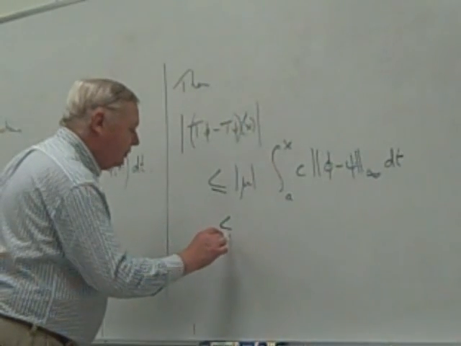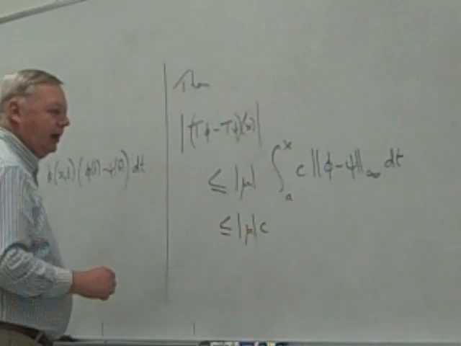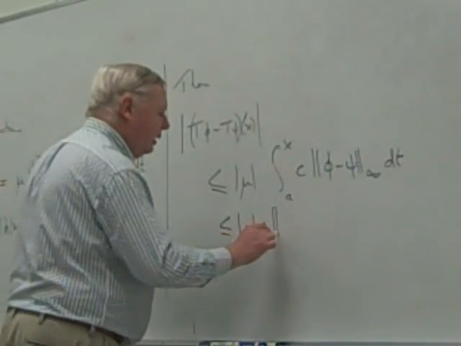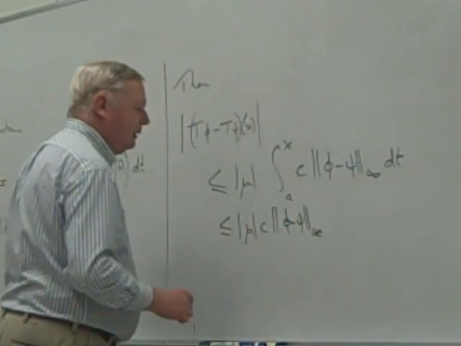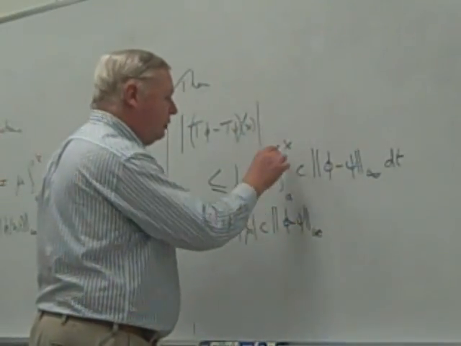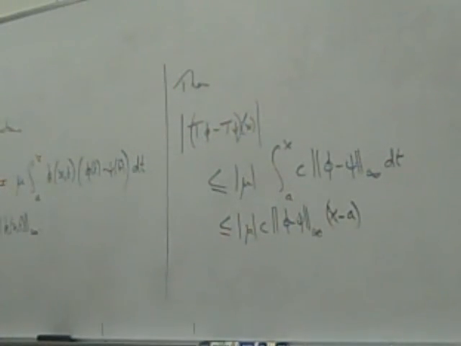And what I find is that this is less than or equal to the absolute value of mu times c times the infinity norm of phi minus psi. And then when I integrate, I get x minus a.